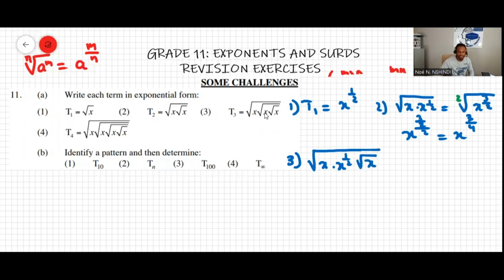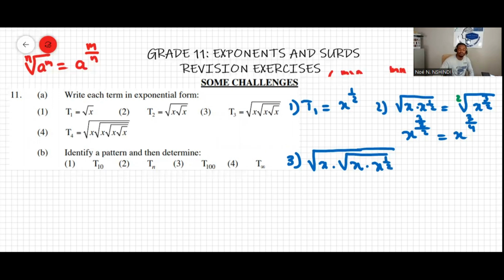So let's write it like this. We have this x here within the root, and then there's another root, which means this x will remain x, and that one will be x to the power of a half.